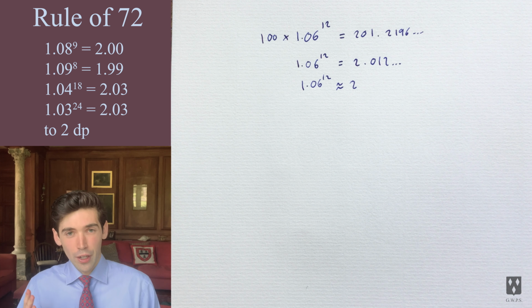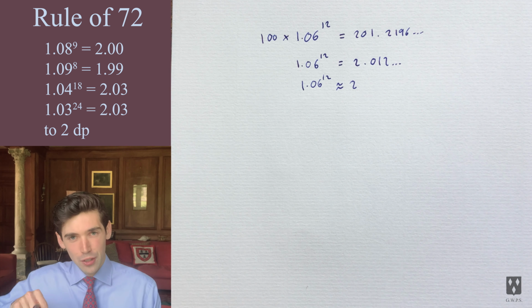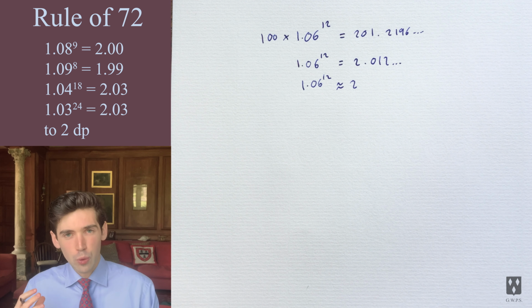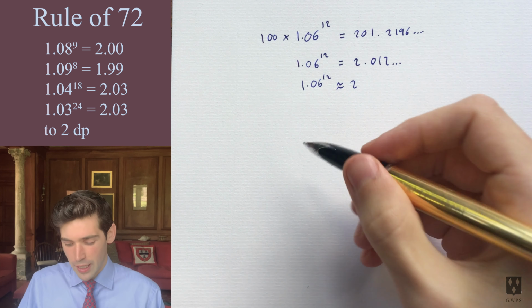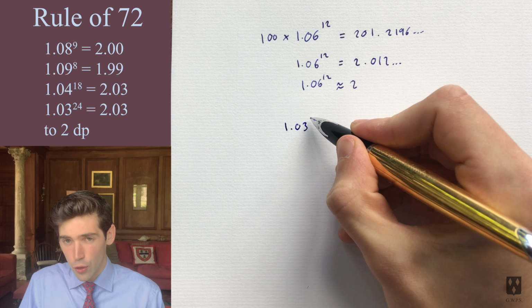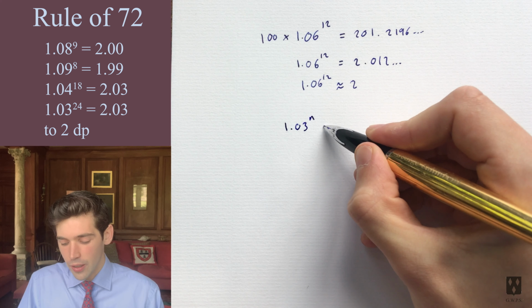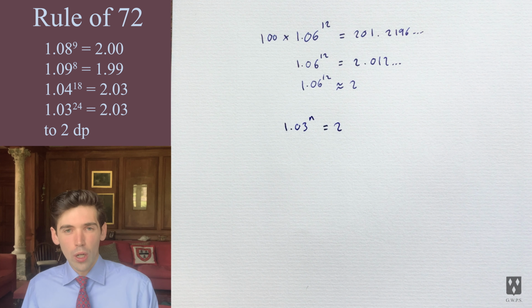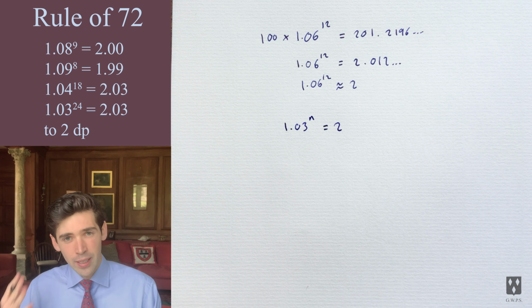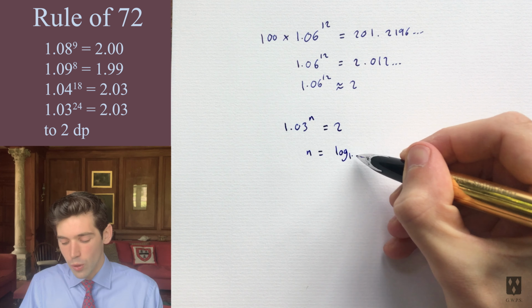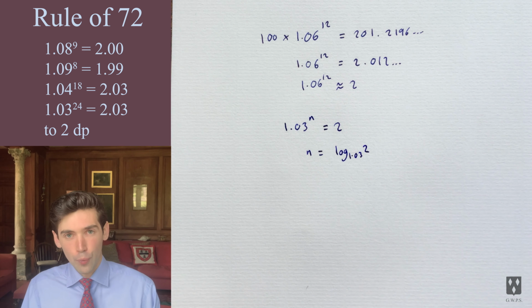Now, it's worth saying that in that example above of 3%, you might not want to press equals 24 times or thereabouts. So there is a fast way of doing this, and let's just write it down. So 1.03 to the power of something, let's say n, is equal to 2. And what is that n? Well, if you haven't done this, don't worry, but by definition, this is just a logarithm, and it's log base 1.03 of 2.